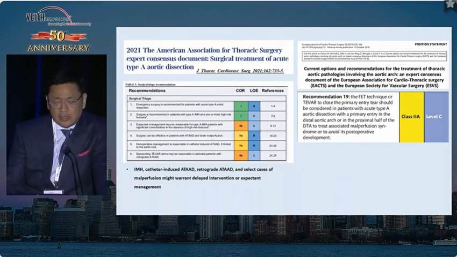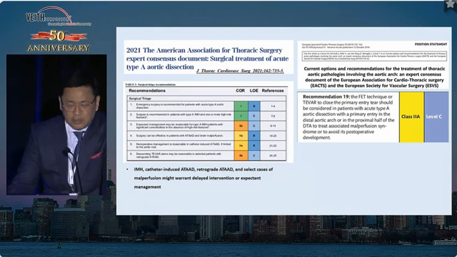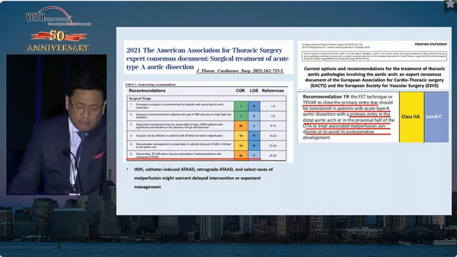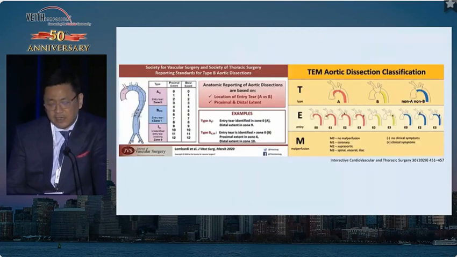These are the guidelines from the AATS and the European Journal of Cardio-Thoracic Surgery, which have pointed out that for retrograde type A aortic dissection, descending TEVAR alone can be reasonable in selected patients. In the traditional Stanford and DeBakey classifications, neither classification addresses the location of the primary entry tear, only the area involved by the dissection.